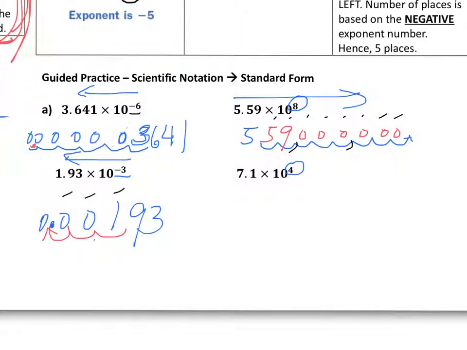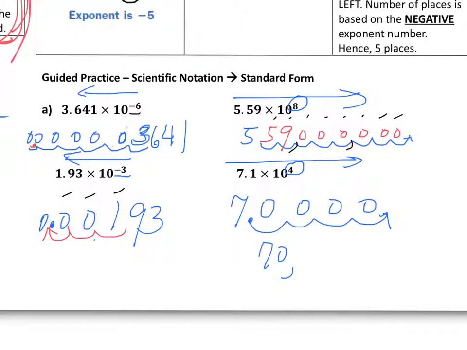And we got a positive power, so we got to shift to the right. 7. Decimal starts here. 1, 2, 3, 4. And that's our answer. 70,000. Okay. That's it.